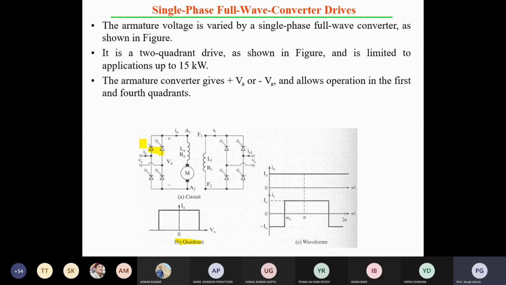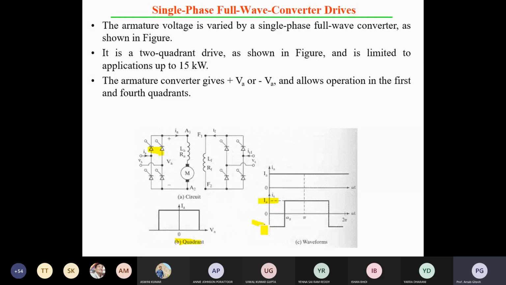So when you are selecting the switches, the voltage stress will be more, up to the maximum limit of the voltage. The current is also changing, from plus I to minus I, so twice the current rating will also be required.